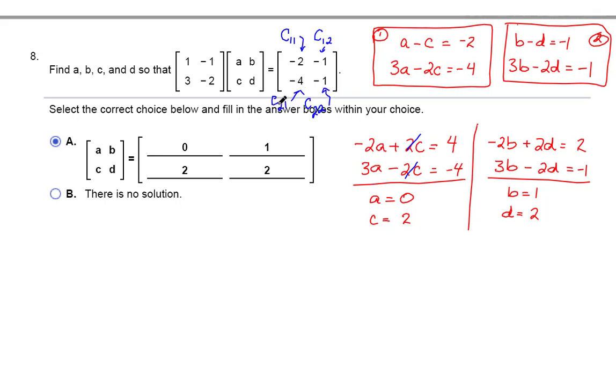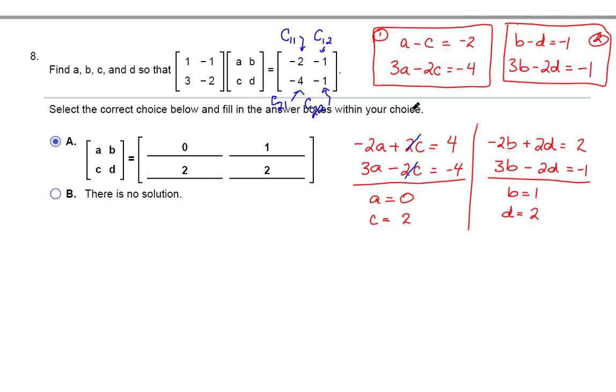So second row, first column: 3A minus 2C is minus 4. And C22: 3B minus 2D has got to be minus 1. So I essentially have two problems to solve, two equations each, where the unknowns are A, B, C, and D.